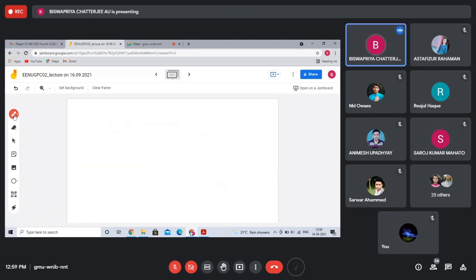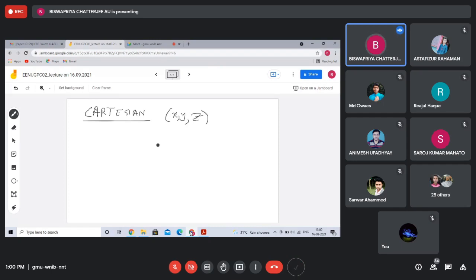So in the Cartesian system, we have three parameters, x, y, z. Now I am floating a question.